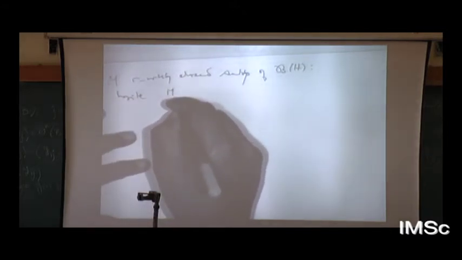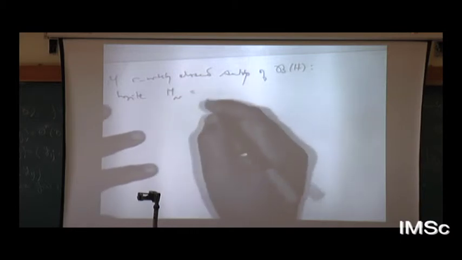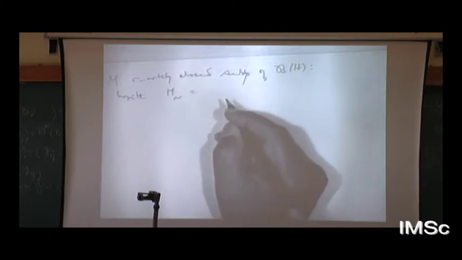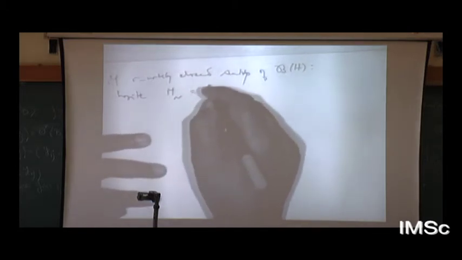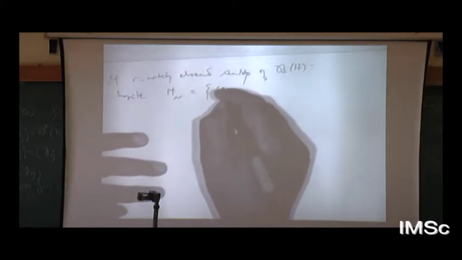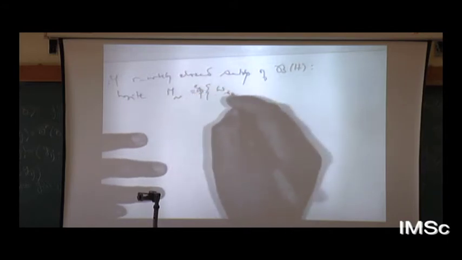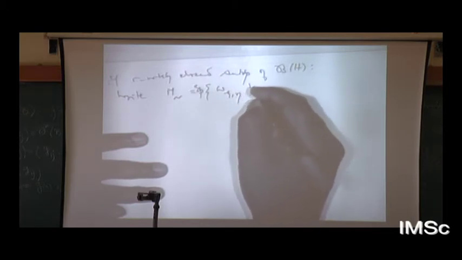M lower tilde is exactly all those omega span of omega xi eta restricted to M.